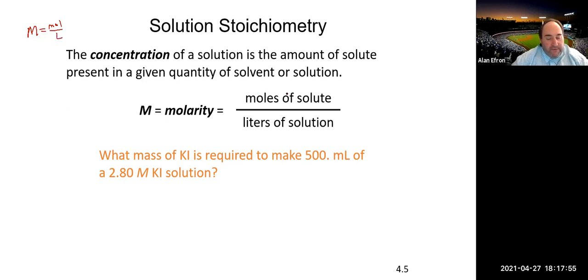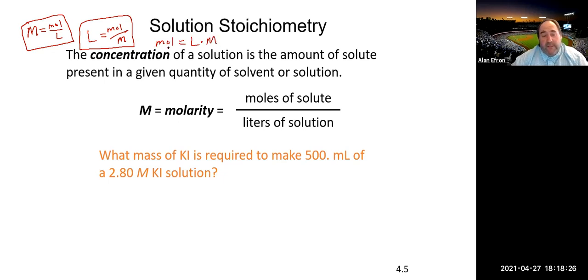It's really moles of solute per liter of solution. You should think about molarity almost like a formula, because we can rearrange it and solve for other things. If we want the liters, it would be the moles divided by the molarity. And if we want moles, it would be liters times molarity.